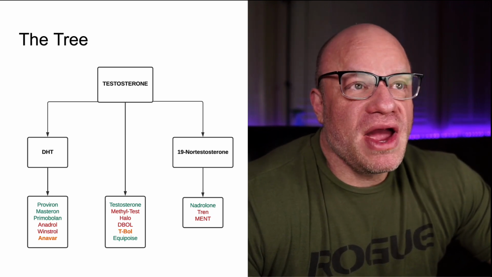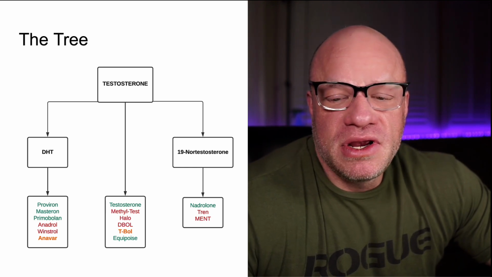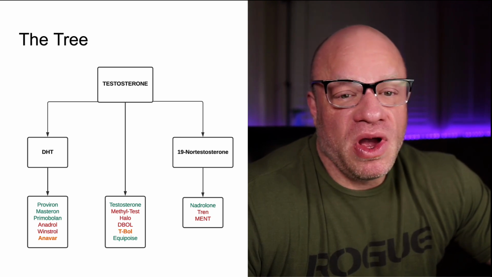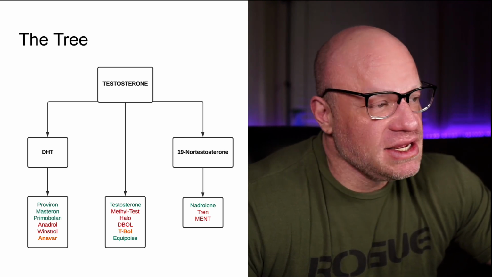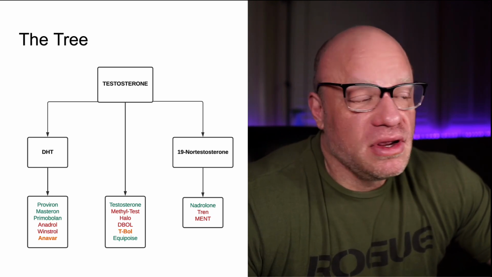If I recall correctly, don't quote me on this, so don't shoot me if I'm wrong, but if memory serves me correctly, D-bol was the first synthesized anabolic androgenic steroid.